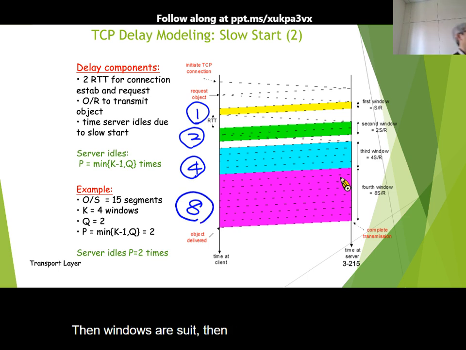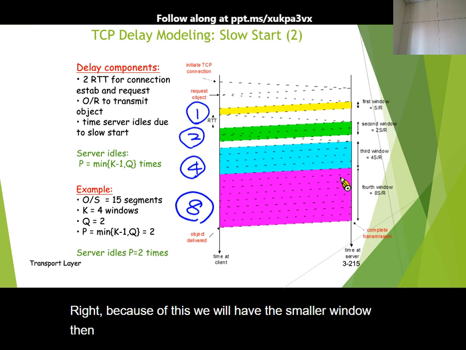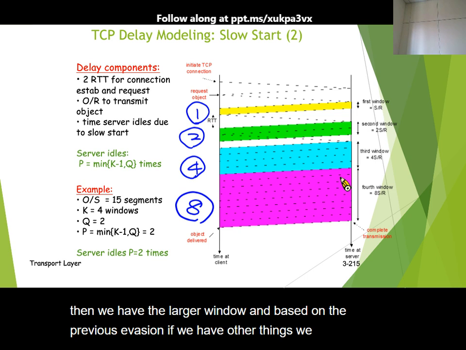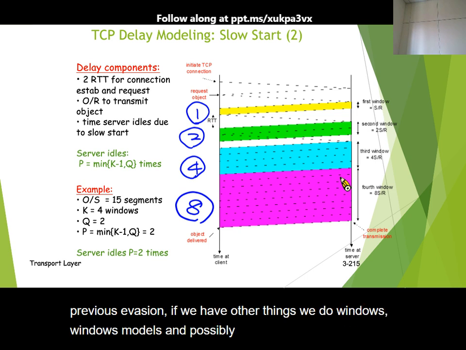Is it okay? Slow start, right? Because of this, we will have the smaller window, then the larger window. And based on the previous derivation, if we have the fixed window, window smaller, then possibly we have the gap. Window larger, then we won't have the gap.